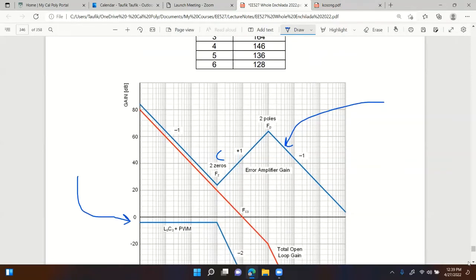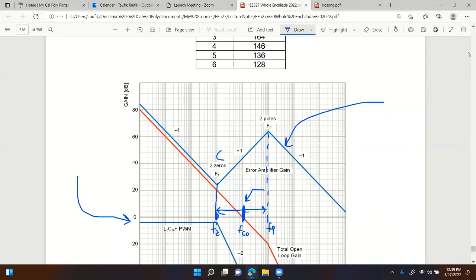Here's the crossover frequency. So depending on how far you want to select the crossover frequency from the zero frequency, as well as equal distance to the pole frequency, that will determine the amount of phase lag.